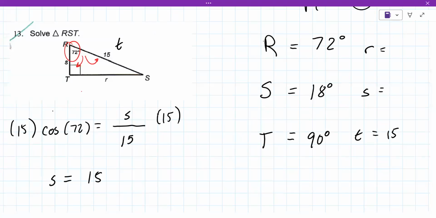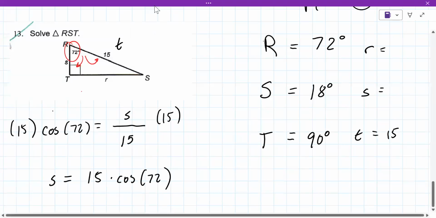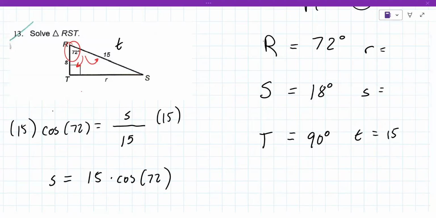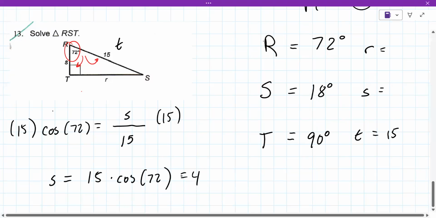So go to your calculator. 15 times cosine of 72. 4.63. Okay. So we're almost there.